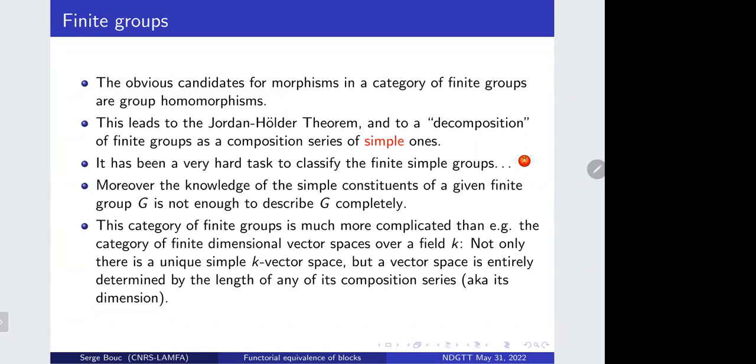And this is what we try to do now. The first idea, of course, is to use group algebras for that. So throughout now, we fix a field K, which we assume algebraically closed and of characteristic p, which may be zero for a short while, but as usual in this domain, the interesting case is when p is positive.